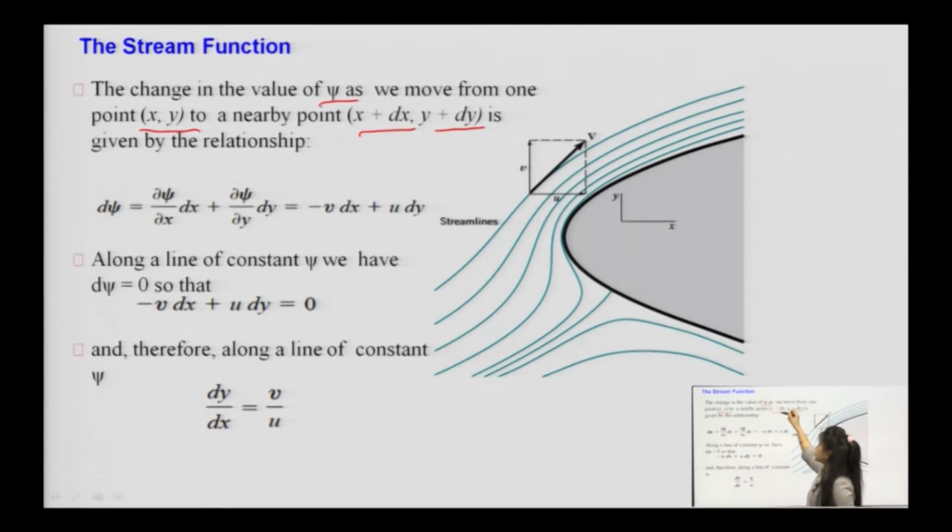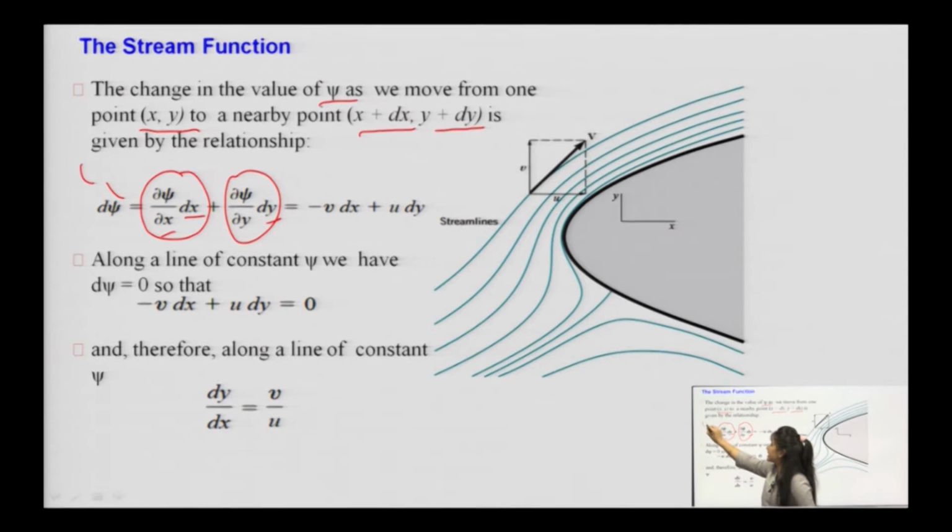So these points could be represented as a function of space and time, and there you can see del psi can be written as the change in psi in the x direction with respect to the distance covered, dx, plus the change in psi in the y direction after covering a distance of dy, and hence it is representing that psi is a function of x coordinate and y coordinate.